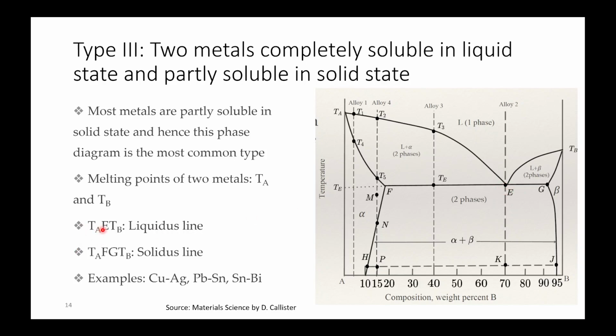This upper line, Ta E Tb, will be your liquidus line, and this downward line, Ta F G Tb, will be your solidus line. Examples of this type of phase diagram are copper-silver, lead-tin and tin-bismuth.